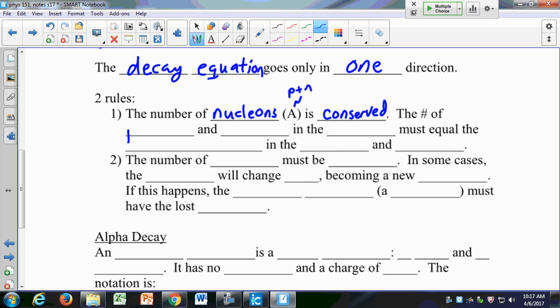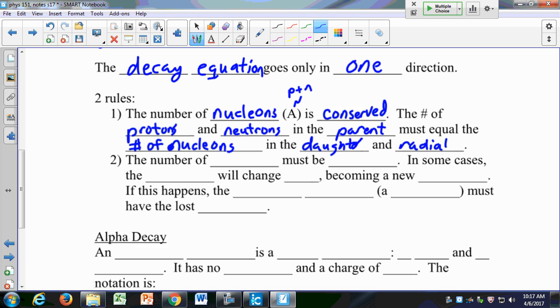The number of protons and neutrons in the parent, as we go from parent to daughter in this decay process, must equal the number of nucleons in the daughter and the radiation. So whatever our radiation particle is, you have to include that in your conservation of nucleons. So your number of nucleons is conserved.